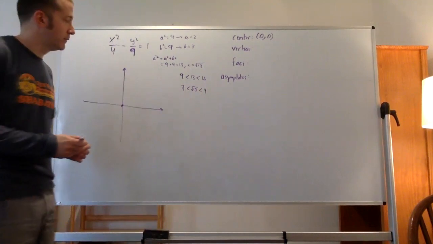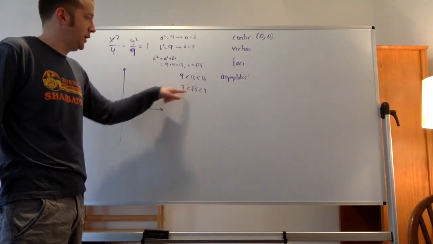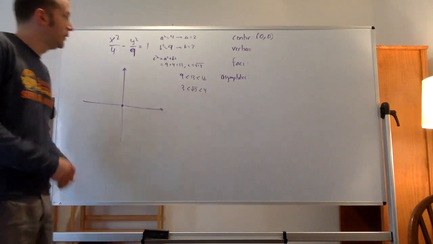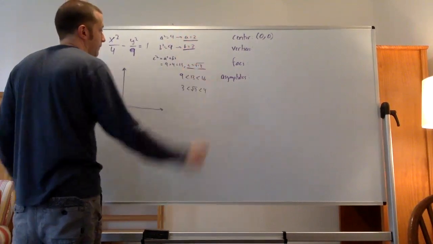That's how square roots work. Whatever number I square to get 13 has to be bigger than 3 and smaller than 4. So I got my A, I got my B, and I got my C.